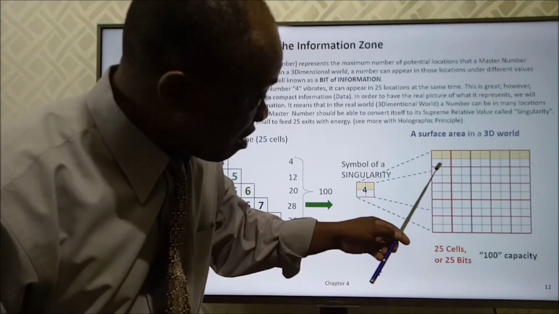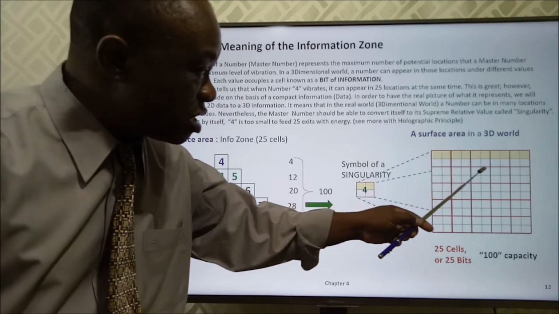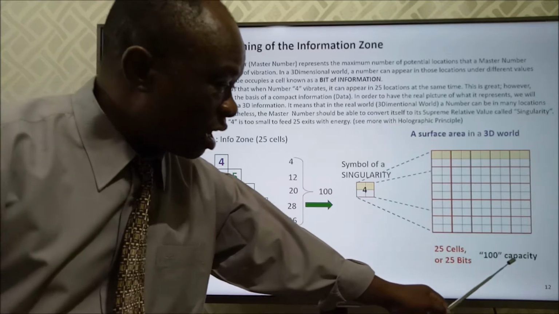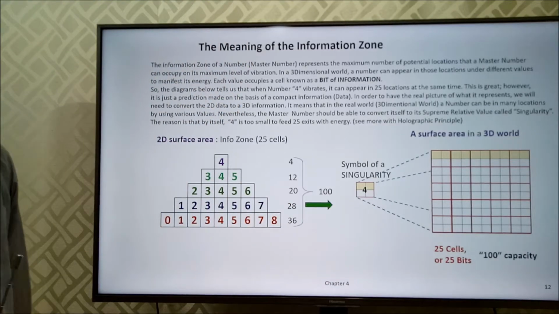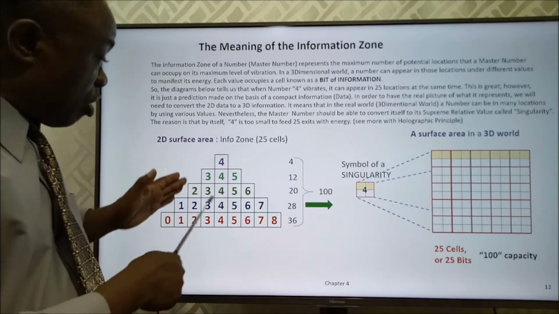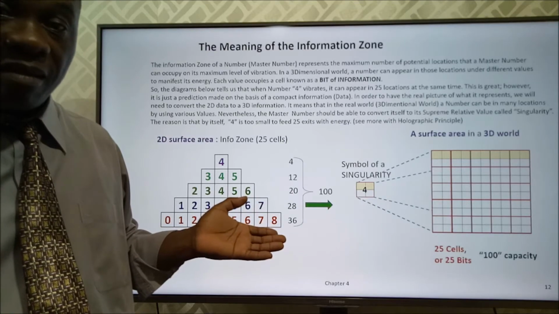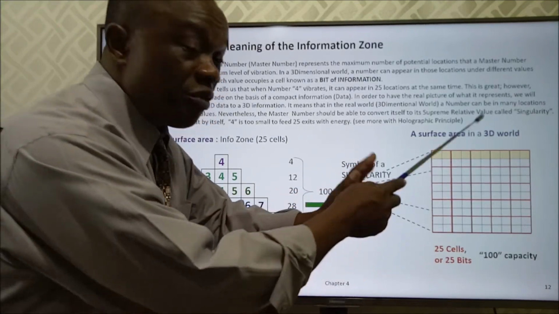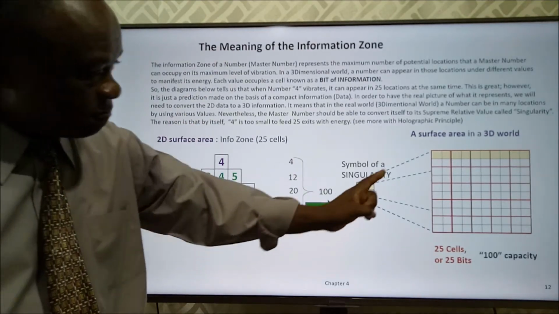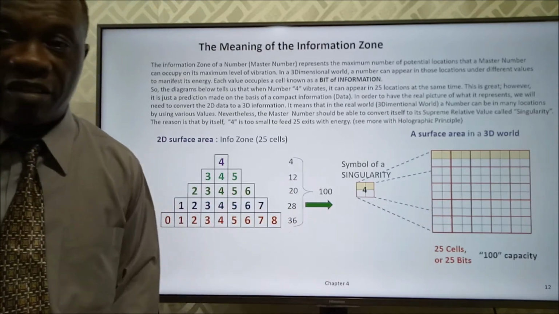But here you see that the capacity of every location is 4. That's why we made, you see, 4. And it gives you actually 100. So the projection of 4 equals 100. That's in terms of energy. But in terms of location, it is just 25. It will be in 25.